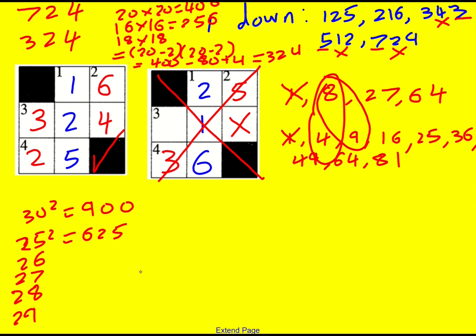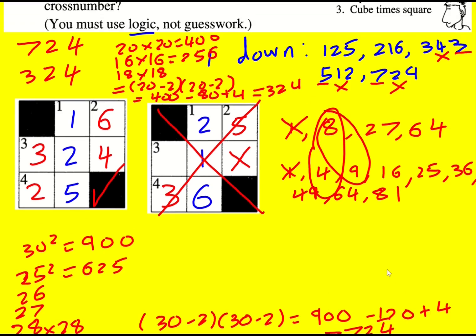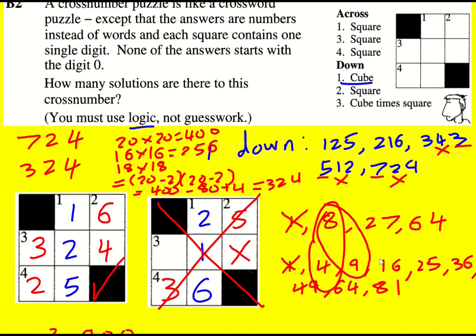So we're just left with 28 times 28. And again, I can do 30 minus 2 times 30 minus 2 to give 900 minus 60 minus another 60 plus 4. This is clearly going to be bigger than 724.